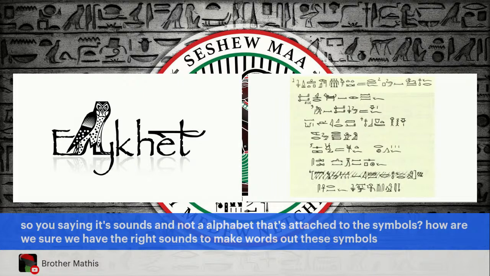For example, in an alphabet that we do know, such as the Greek alphabet, we know the Greek alphabet was used to write a much later Egyptian language that we know as Coptic. And there are words in Coptic that are identical to the words in previous dialects or languages in ancient Egypt, such as Middle Egyptian.